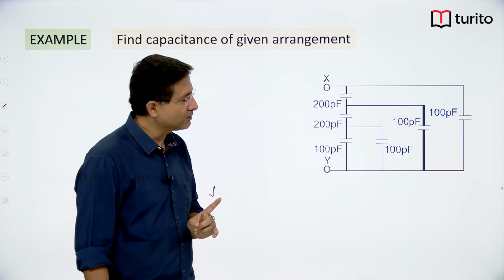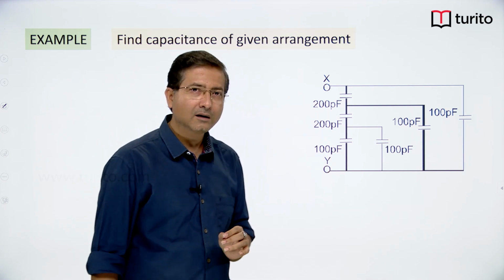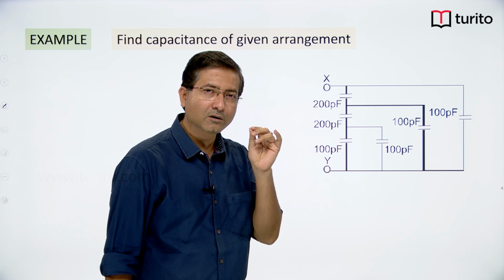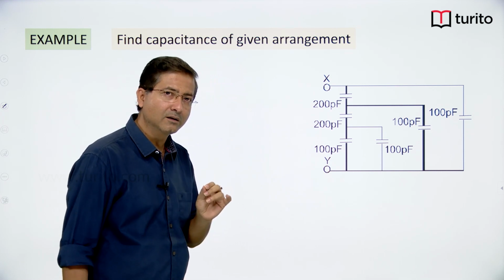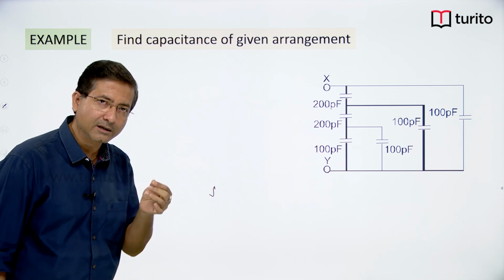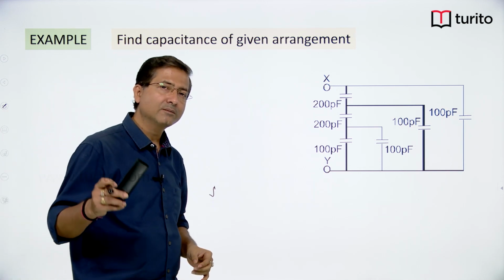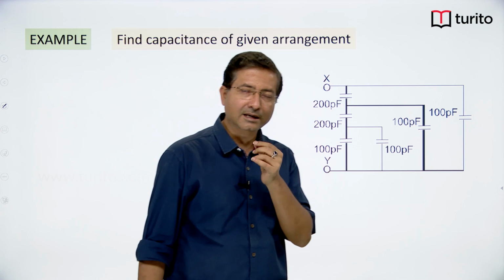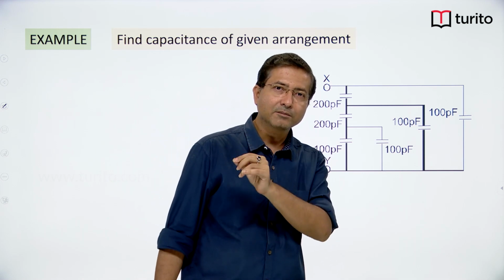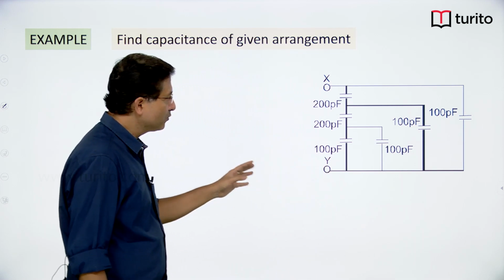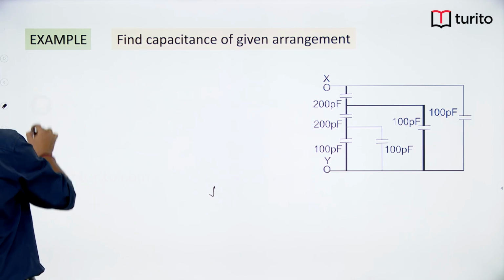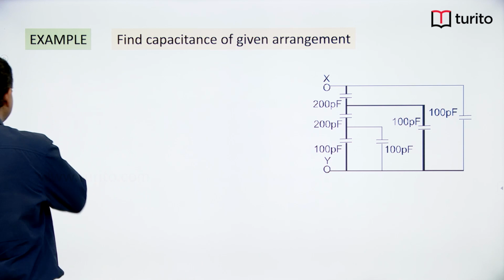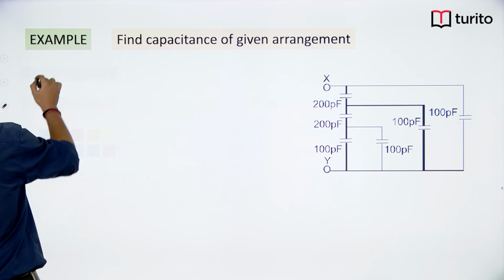This is the concept for series. For parallel, the first terminal of the first capacitor and the first terminal of the second capacitor are connected together, and the second terminal of the first capacitor and the second terminal of the second capacitor must be connected together. If you use this logic here, you can easily figure out what are in series combination and what are in parallel combination.